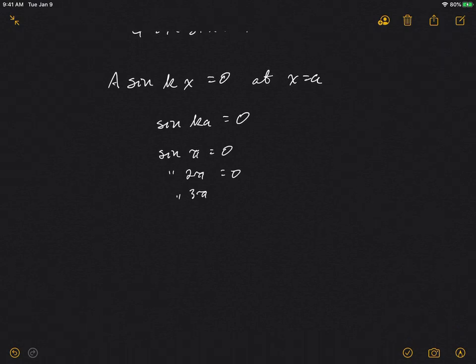So therefore, we end up with an additional condition which says that the product ka, where a is the length of the box, has to be equal to some integer multiple of pi.